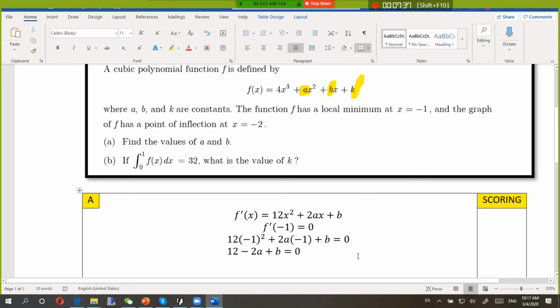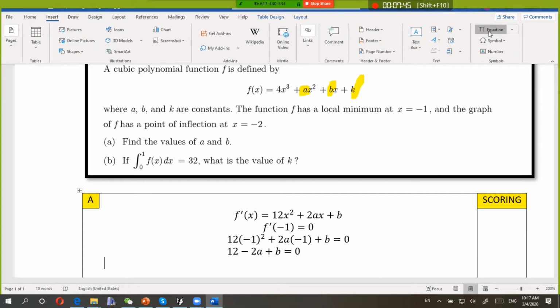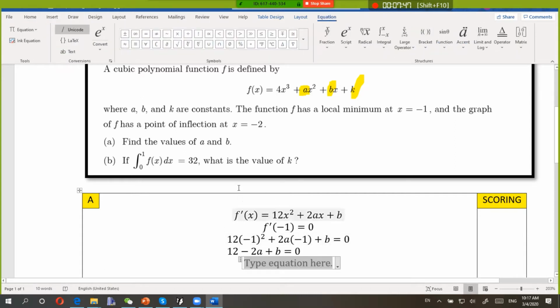Okay. And then we were also told that we have a point of inflection at x equals -2. So what does that tell us about the original equation?